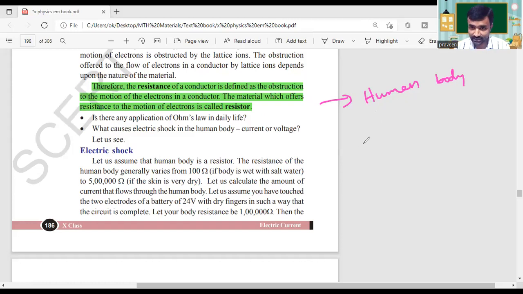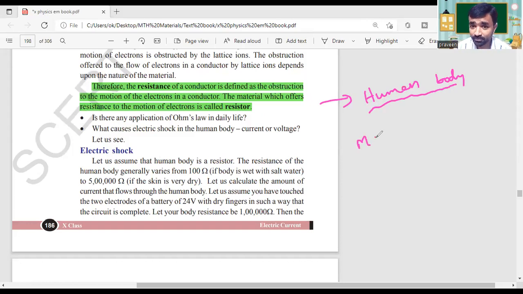That obstruction is called resistance. The human body also offers resistance, obstructing the flow of charges through the body. So we call it human body resistance.